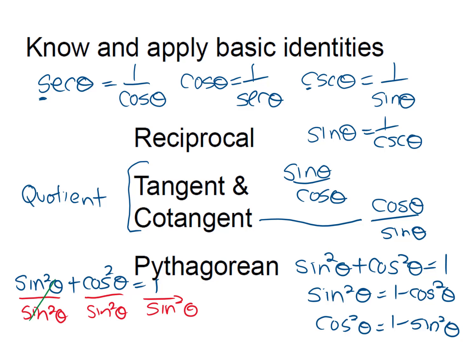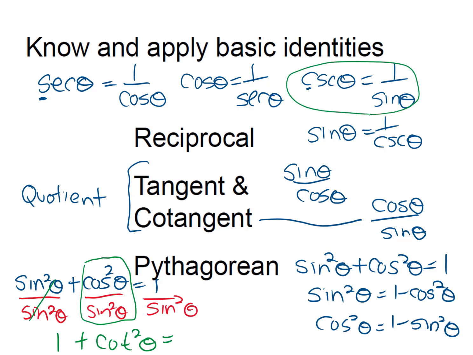Sine squared over sine squared is 1 plus, okay, this one is a cotangent, it's a cosine over a sine, which is cotangent. So this is going to be cotangent squared theta. And then 1 over sine, we have it here as cosecant, but it needs a squared on it, so cosecant squared theta.